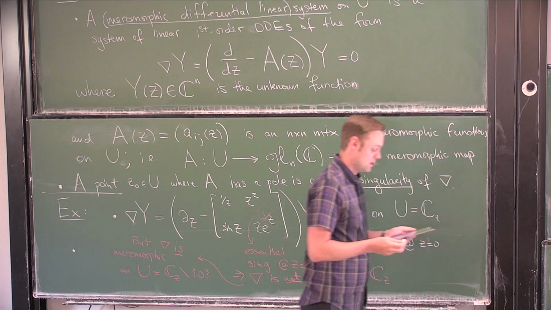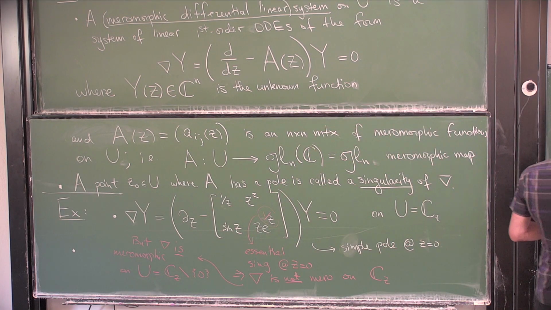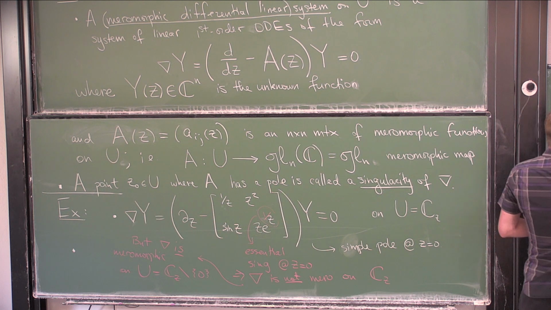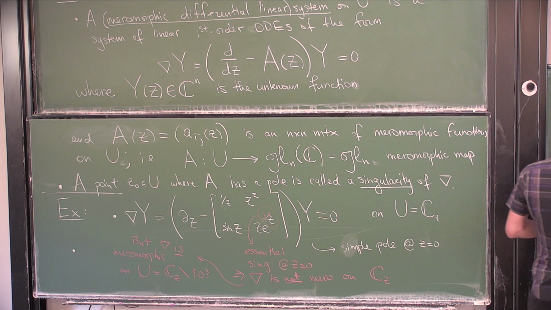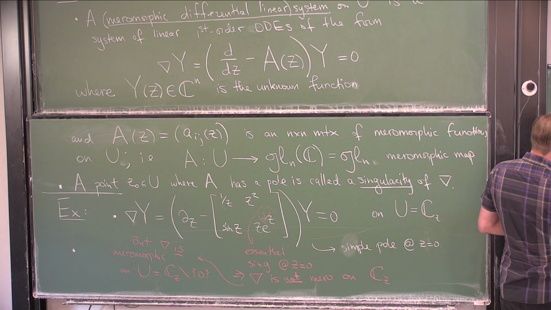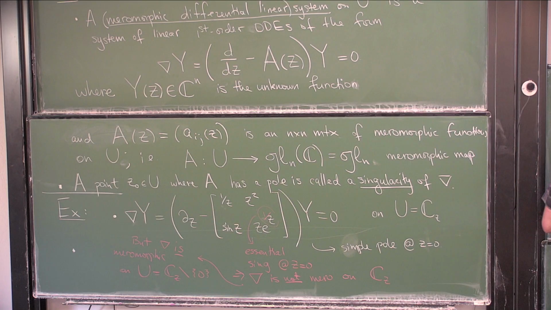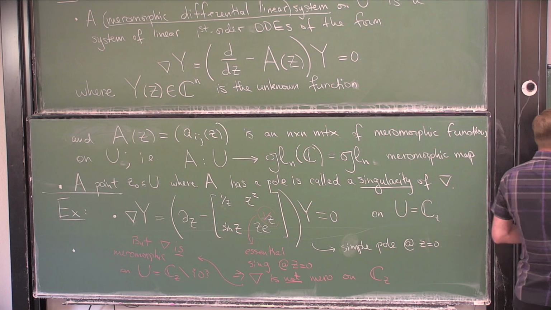You may have seen this trick. So what you need to do is differentiate this. You apply the derivative to this vector, and you get y prime here and y double prime here. And so now you have an expression for y double prime. You can solve this equation for y double prime and plug in.